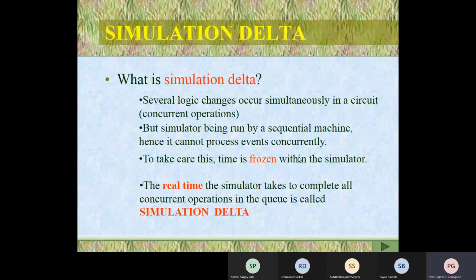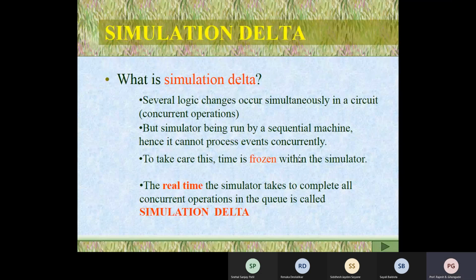Yes, sir. Okay, so what is happening is this time event of 1 nanosecond is expanded in real time as, let us say, half a second, or maybe depending on the speed of your computer. And then whatever is happening in that particular time slot is considered to have happened at that 1 nanosecond mark. All right.